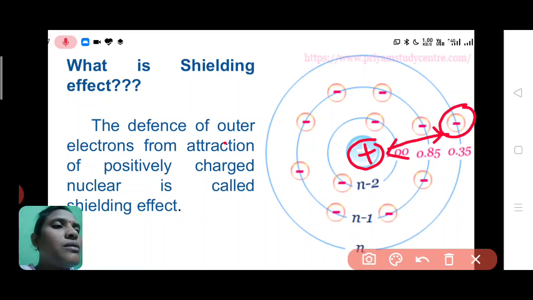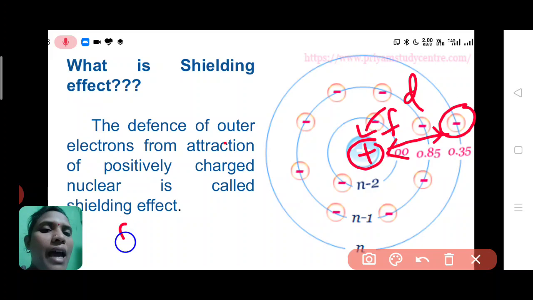Now, the inner shells, that is D and F. F is near to the nucleus here, and F has a poor shielding effect.